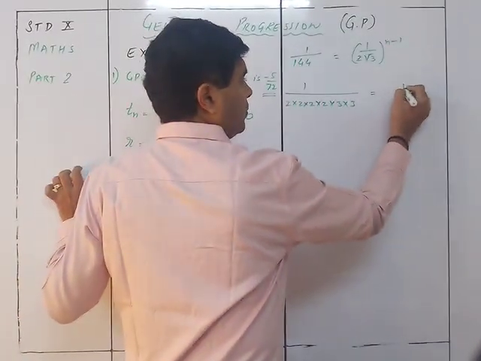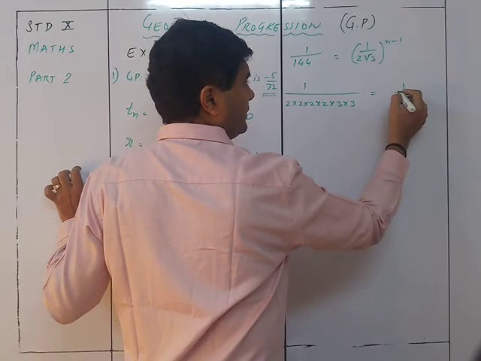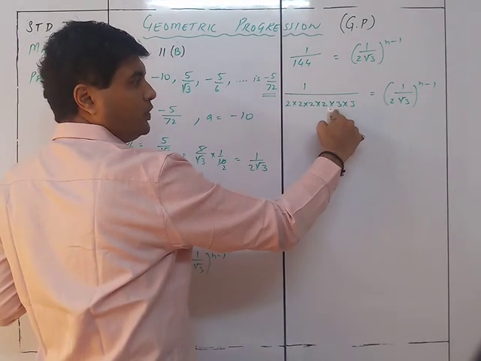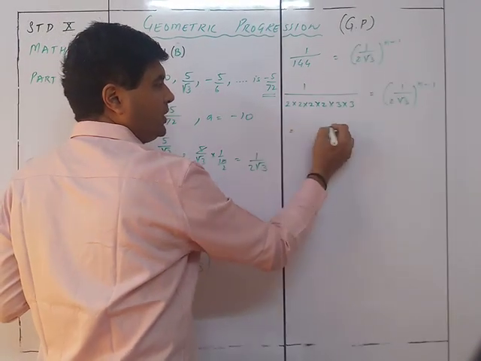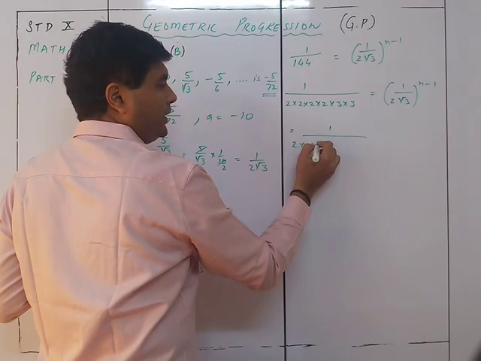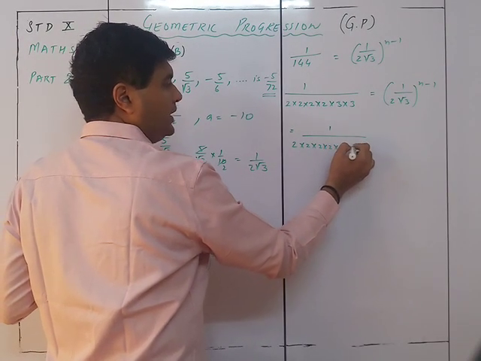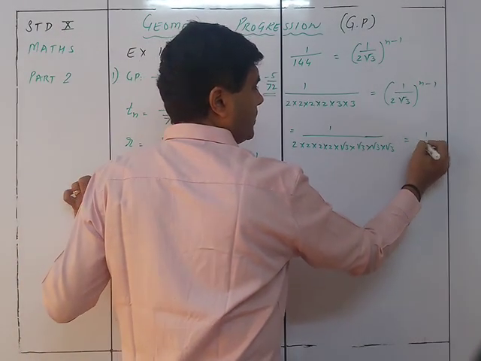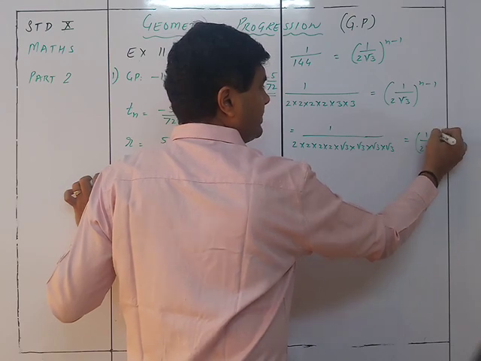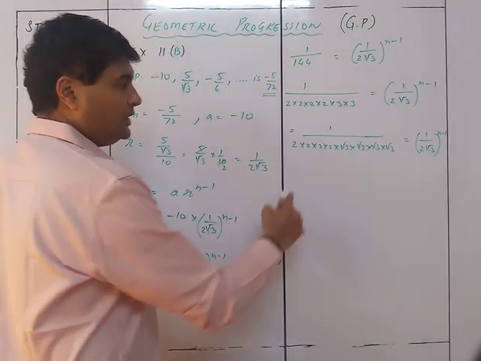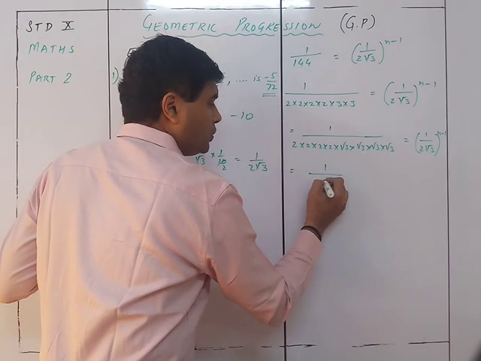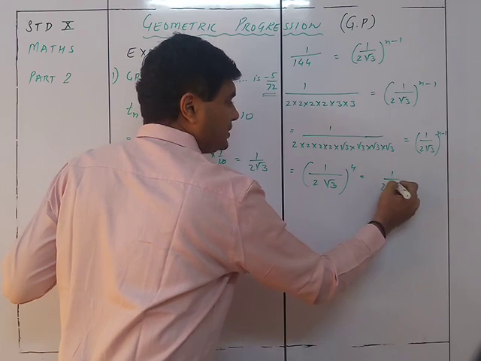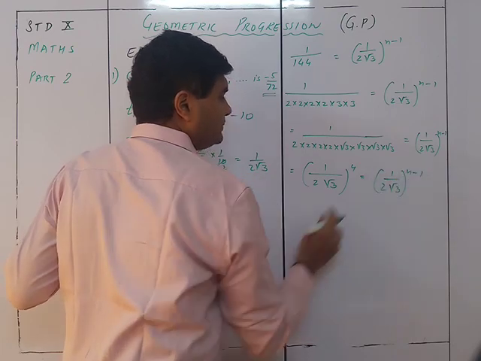So this 3 can be made into root 3 into root 3, and root 3 into root 3. So it could be equal to 2 into 2 into 2 into 2 into root 3 into root 3 into root 3 into root 3 is equal to 1 upon 2 root 3 the whole raised to n minus 1. So this is nothing but 1 upon 2 root 3 the whole raised to 4 is equal to 1 upon 2 root 3 the whole raised to n minus 1.